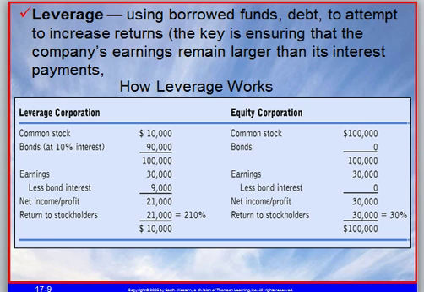Under equity corporation, we're only using equity, so our return is calculated as $30,000 over our equity investment of $100,000, giving us a return to stockholders of 30%. While 30% is good, we can all agree that 210% is so much better. What we have to understand is that this use of leverage also increases our risk.